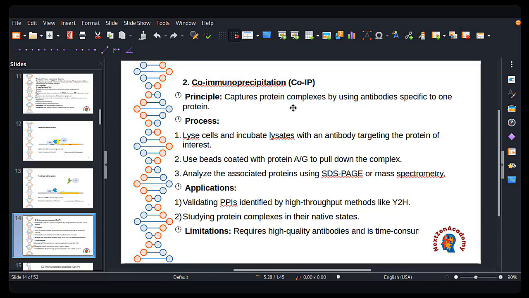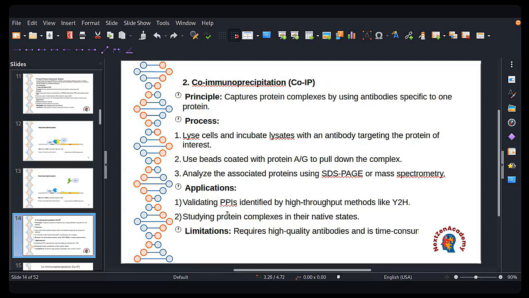The process is to lyse cells and incubate lysates with an antibody targeting the protein of interest. हमें सेल को lysis करना है, then we will add an antibody here, then centrifugation. See, use beads coated with protein to pull down the complex. Then analyze the associated proteins using SDS-PAGE or mass spectrometry.